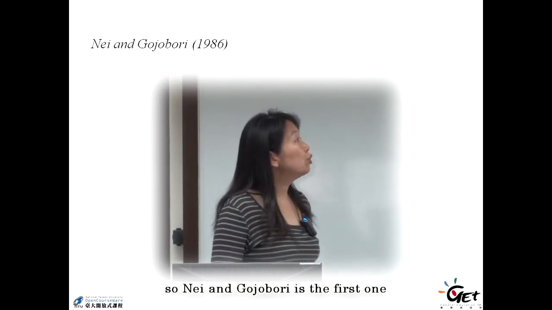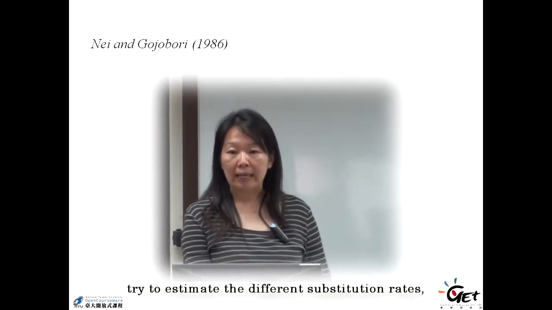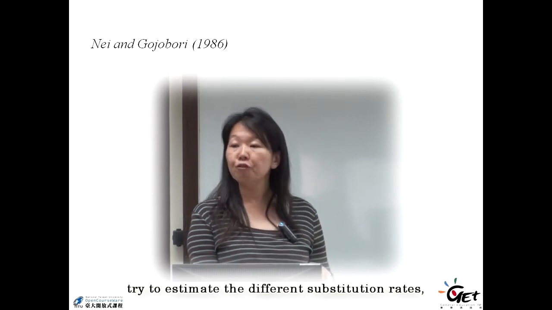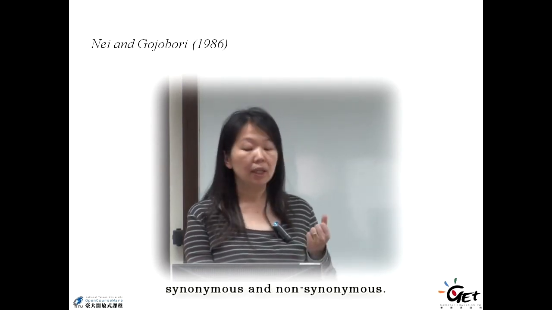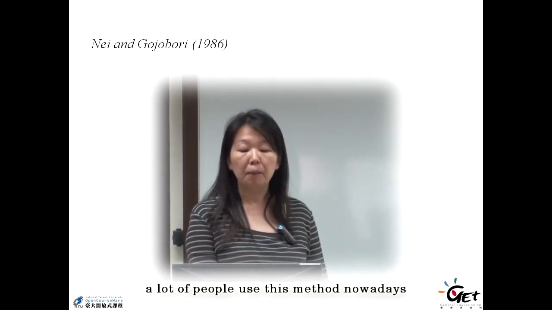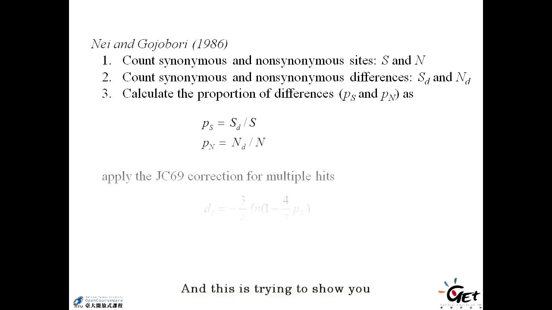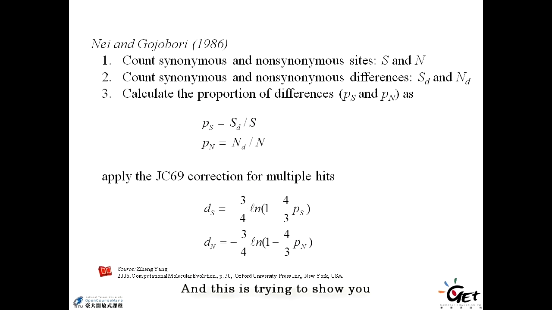So Nei and Gojobori were the first to try to estimate the different substitution rates, synonymous and non-synonymous, and a lot of people use this method nowadays, just the simple counting method. This is to show you how they count the differences and also how to estimate.